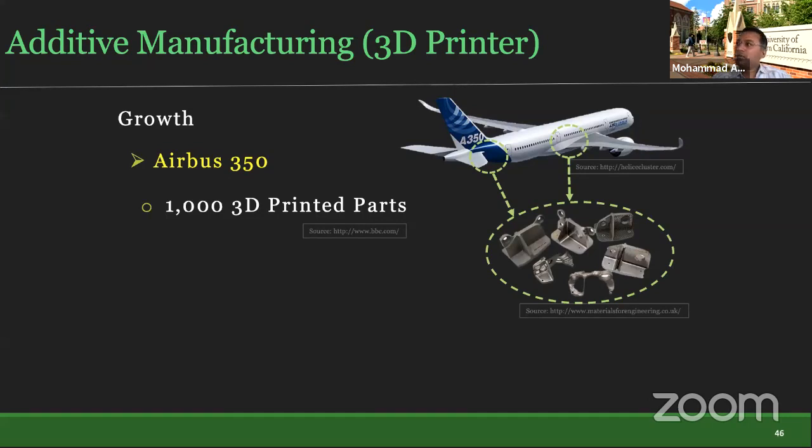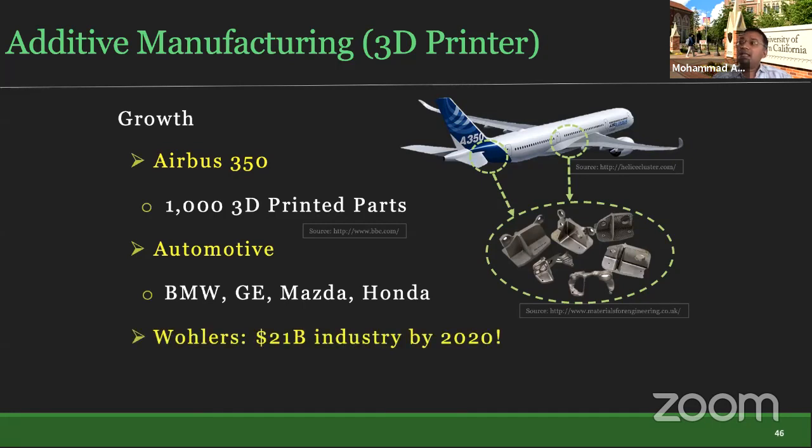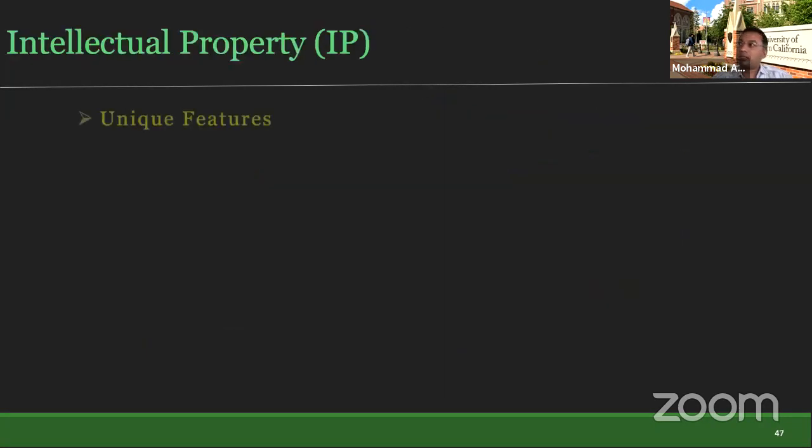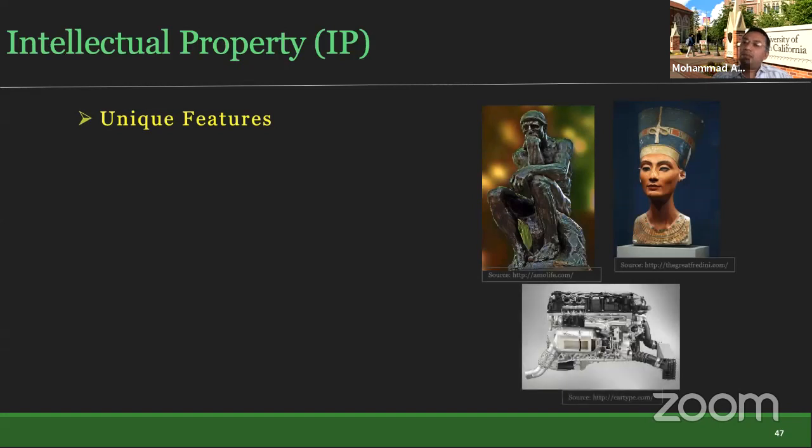Real-world 3D printing has been deployed into real product design and product development in manufacturing today, and the entire industry is already $21 billion. When we published the paper, Gartner published an article saying that the IP market of 3D printers is almost like $100 billion, which is extremely motivating towards this type of act.